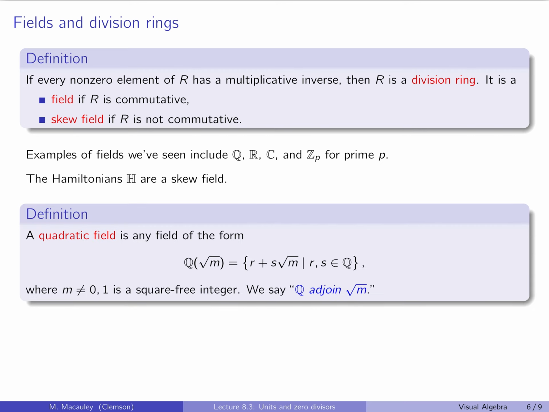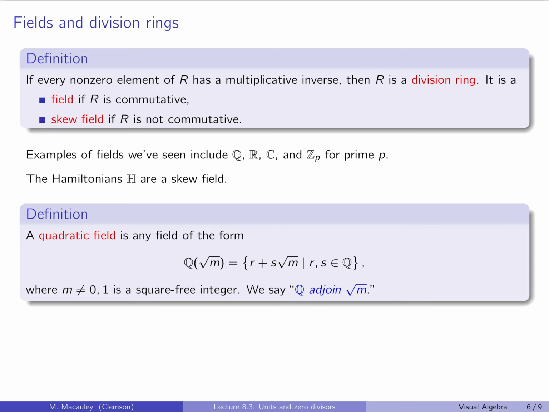Here is another example of a field that is not on this above list. I think I might have really briefly mentioned this back in Chapter 2. We'll see this more in Chapter 9 when we get to divisibility and factorization and do some basic algebraic number theory. A quadratic field is any field of the following form. We say Q adjoined root m, and this is the set of complex numbers of the form r plus s root m, where r and s are rational.